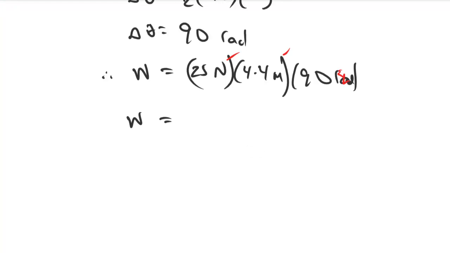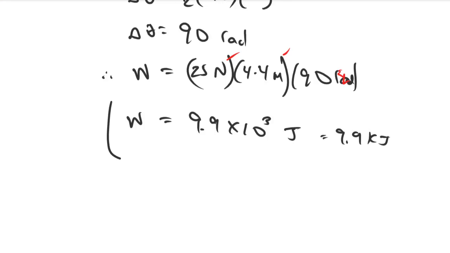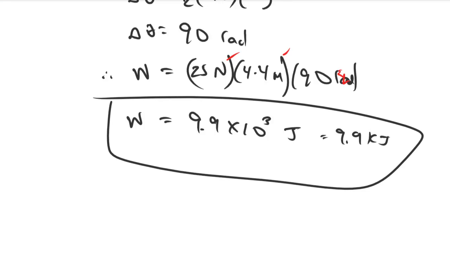And the work done comes out to 9.9 times 10 to the third joules. Or we can say this is equal to 9.9 kilojoules of work. So the child does 9,900 joules of work. And this is part B.